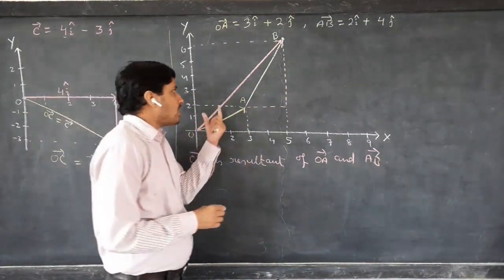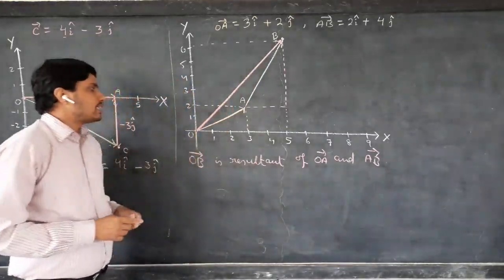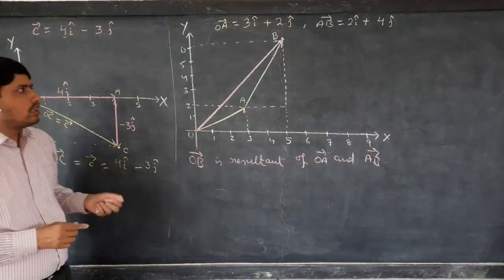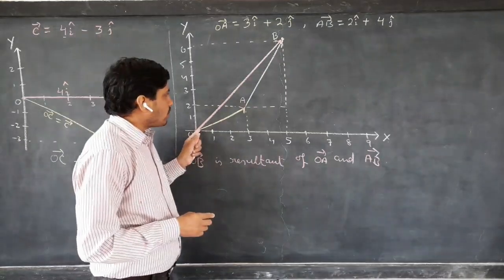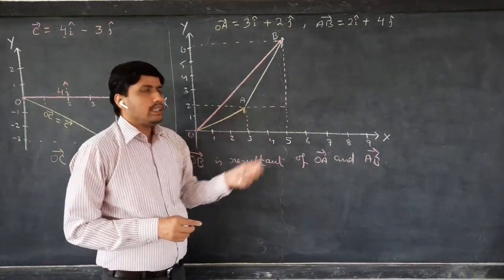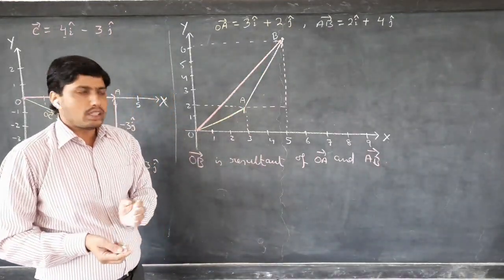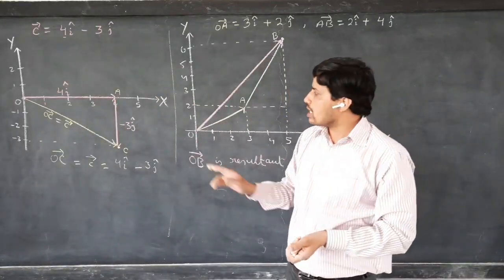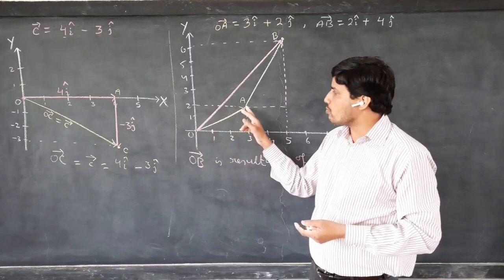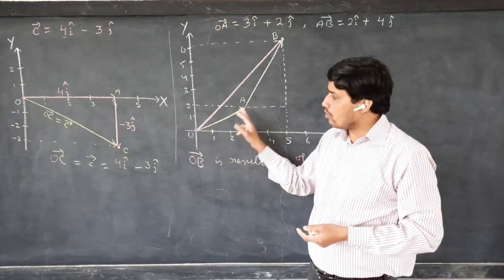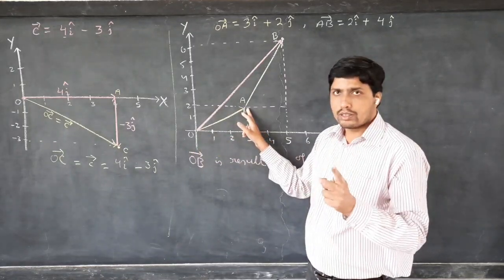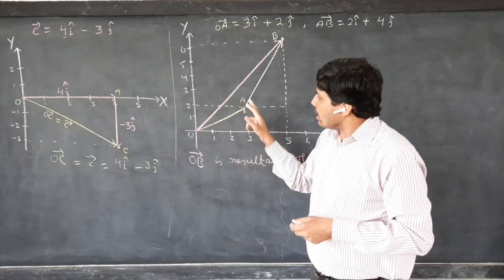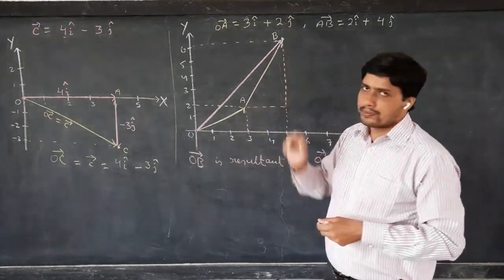Now let us see what would be the values for the x and y components of the OB vector. Here we did the operation in 2 steps. First we asked the person to reach point A from O, step number 1. And then we asked him to go from A to B.